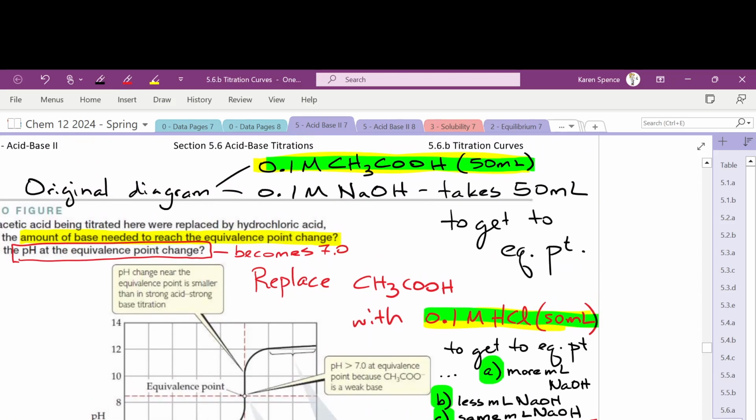What's the same about the two acids? The molarity and the volume. If you have molarity and volume, what do you really have?